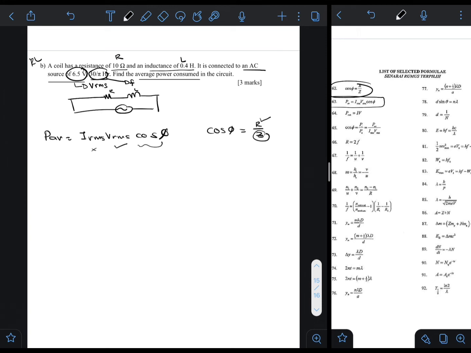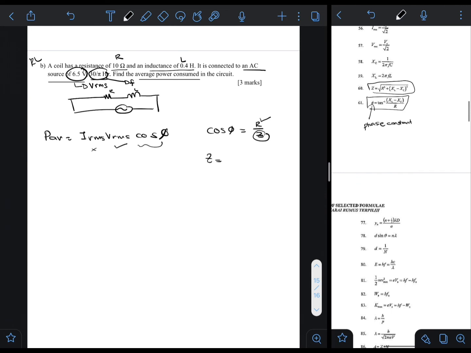So R ada dalam soalan, you need to deduce your Z first. So your Z here is your impedance. Equation of impedance we have already looked at for our previous question, which was the square root of R square plus XL minus XC, the whole thing squared. Memandangkan soalan kita hanya melibatkan RL, iaitu dalam circuit ada resistor dan juga inductor sahaja, maka tak ada komponen kapasitor, so you can exclude this XC from the equation.